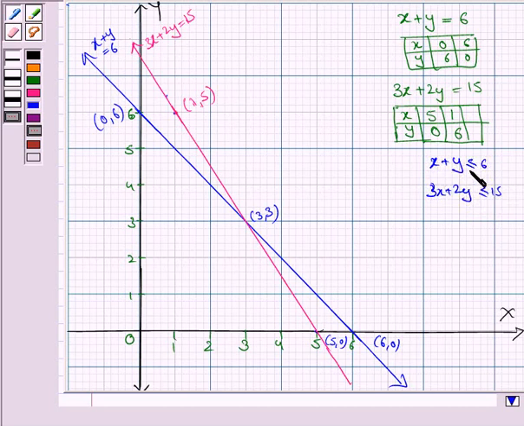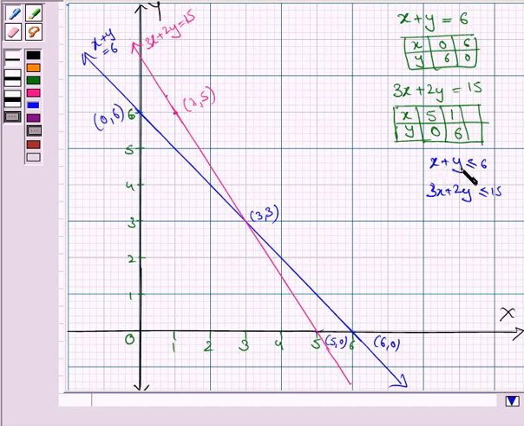For that, we'll take any point not lying on the line x plus y is equal to 6, and we'll see whether that point satisfies this inequality or not. If that point satisfies this inequality, we'll shade the region which contains that point, and if it does not satisfy this inequality, we'll shade the region which does not contain that point.